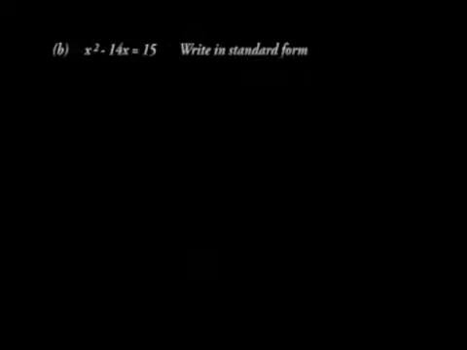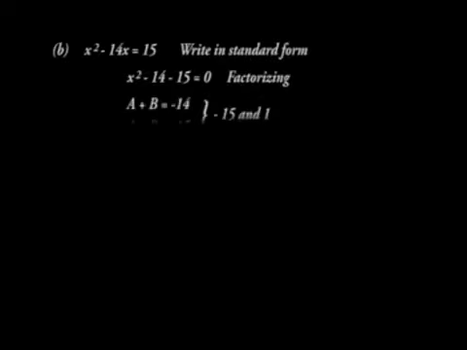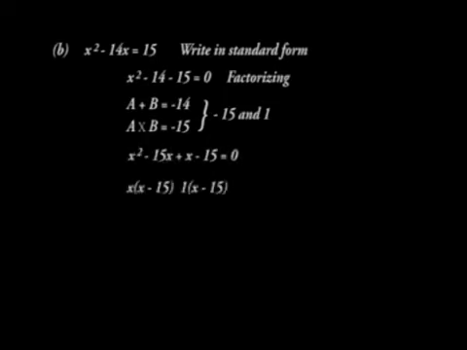B. x squared minus 14x is equal to 15. Write in standard form: x squared minus 14x minus 15 is equal to 0. Factorizing, our numbers are 15 and 1. x squared minus 15x plus x minus 15 is 0.